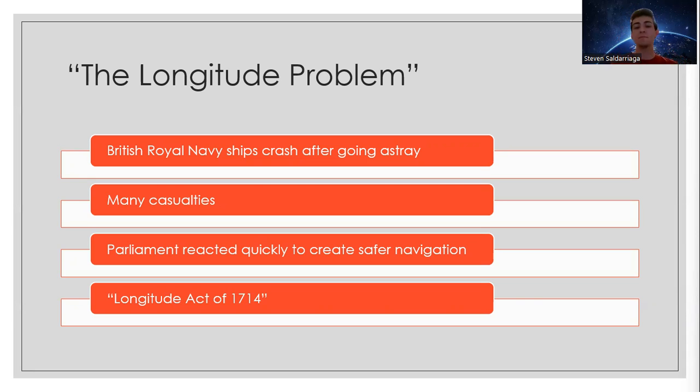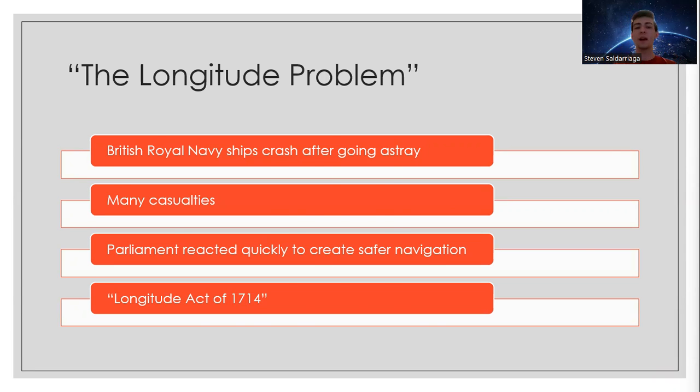This news prompted many scientists throughout the region to throw their ideas immediately to the panel, except for one man, that man being John Harrison, who did not start his attempt to solve longitude until about 10 years after the news was dropped to the public.